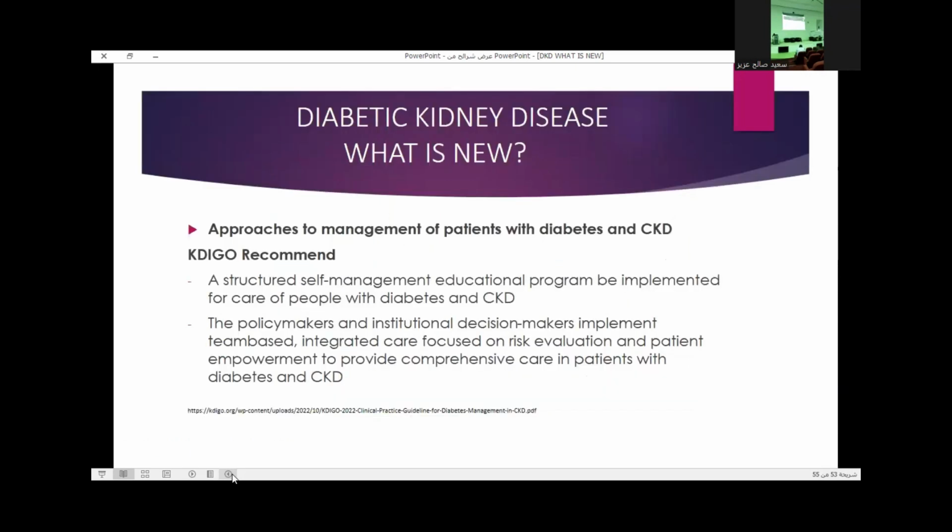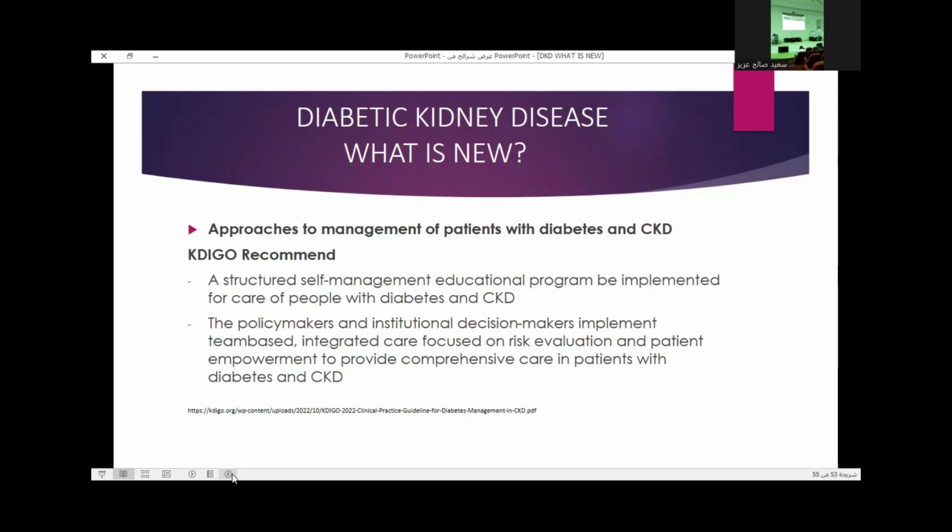And the last target was the approach to management of patients with diabetes and chronic kidney disease. So usually we are supposed to have a self-management education. Patient should understand his disease, be aware of the side effects of the medication he's taking, and at the same time, be able to know more about the new stuff that is coming.